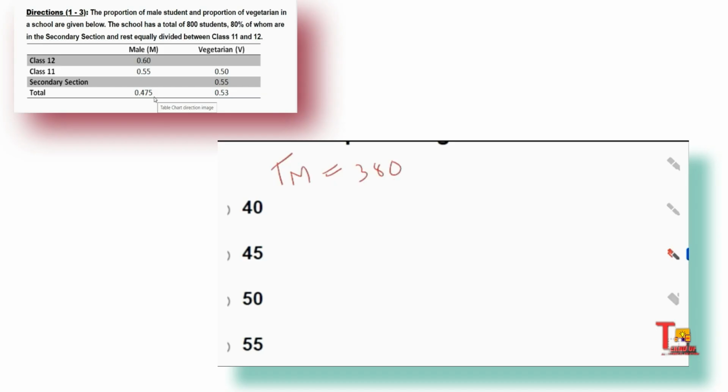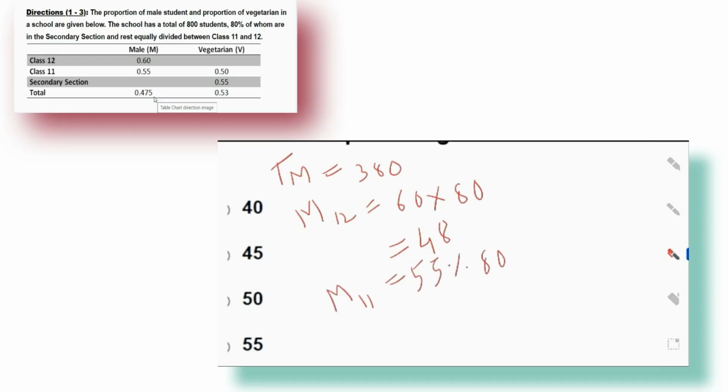And total number of male present in class 12 is equal to 60% of 80, right? So 60% of 80 is 6 8s are 48. Okay, and what is the 55% of class 11 male? That is, male in class 11 is 55% of 80. Okay, so how to calculate 55% of 80? In the same way, right?